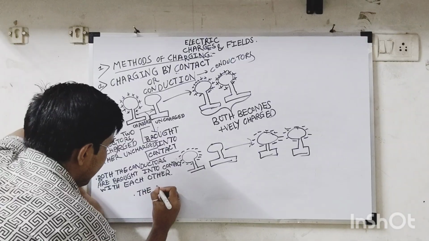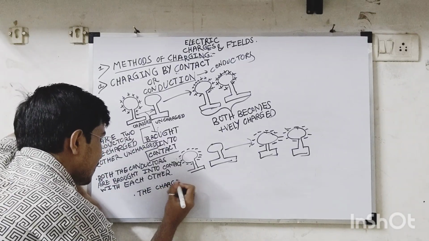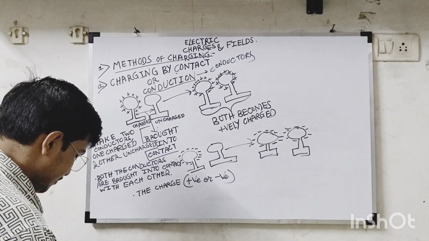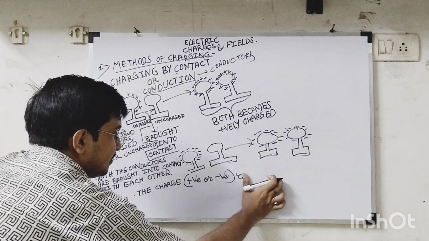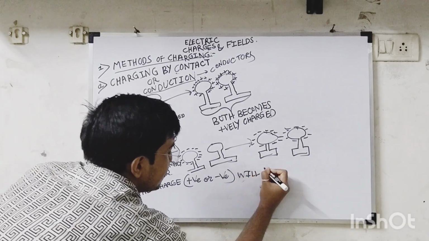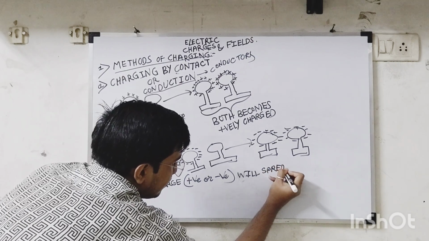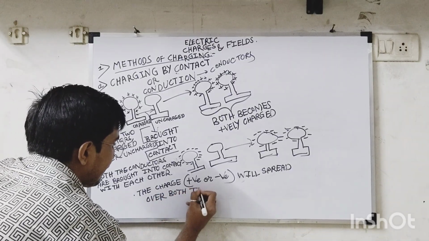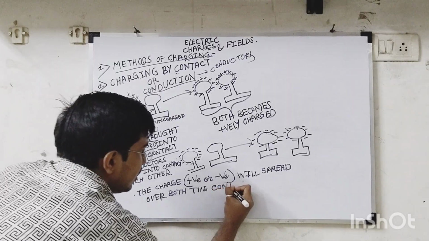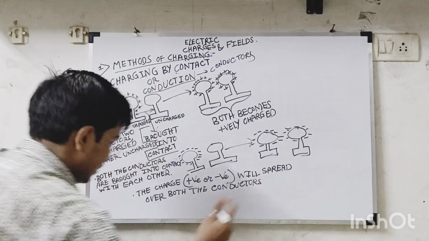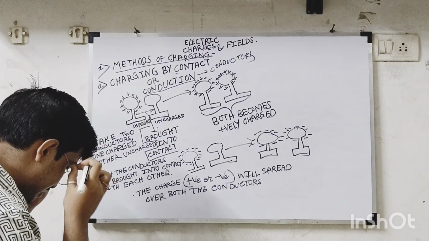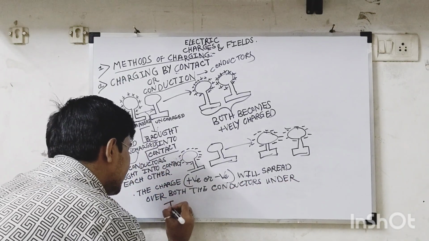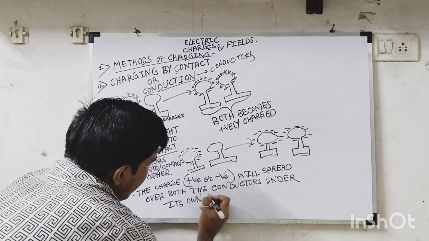The charge, positive or negative, will spread over both the conductors under its own repulsion.